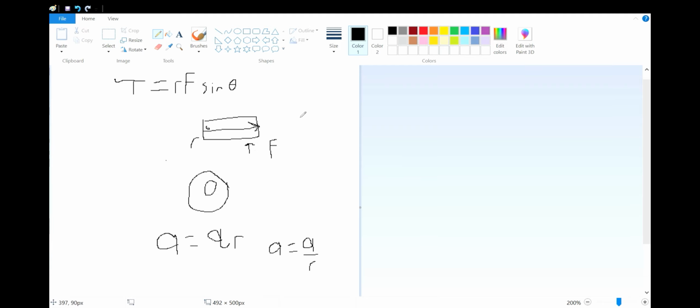And will be minimum, i.e. 0, if the force is directly in opposition to the radius, as the sine of 0 is 0, and anything times 0 is also 0. From this formula, you may already be able to notice that for a greater radius, you would need a smaller force to do the same exact work. And this is exactly how levers work.